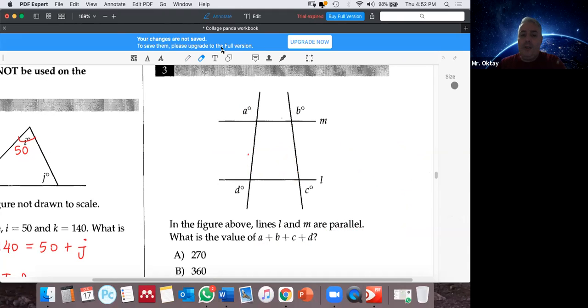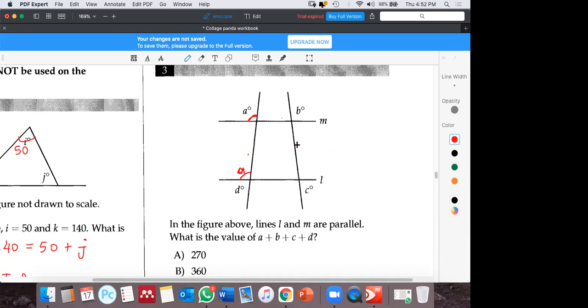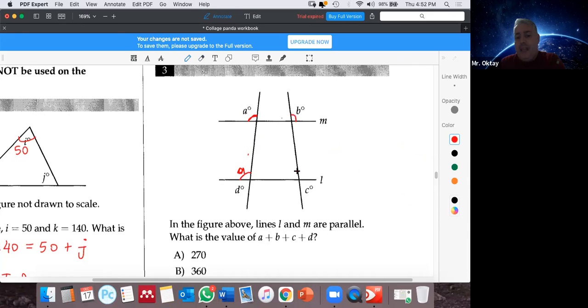Now, let's have a look together. If this is A, is this also A? Yes or no, tell me. Yes, it is. If this is B, this is also B, corresponding angles, of course. And then is this now a straight angle, which is 180 degrees?